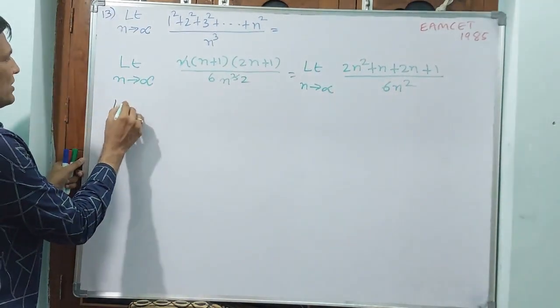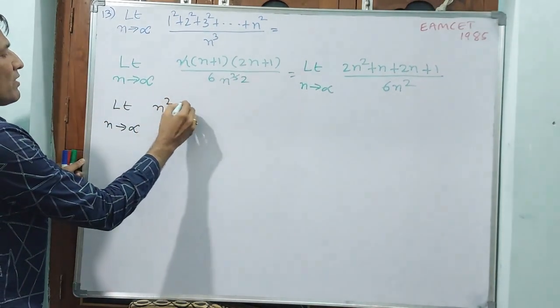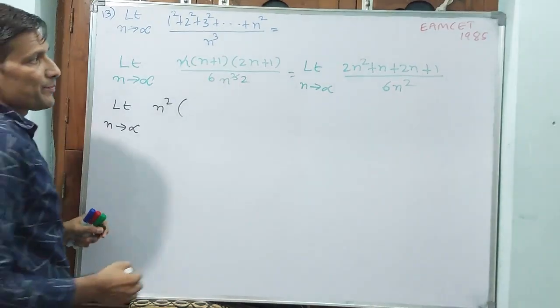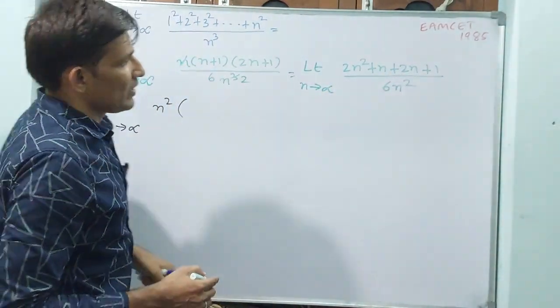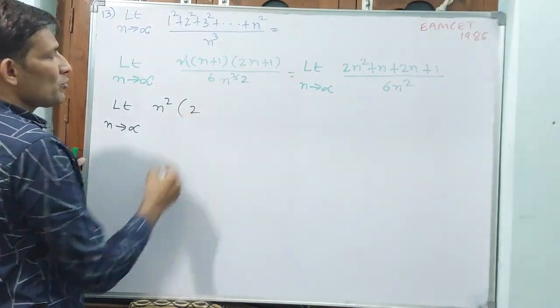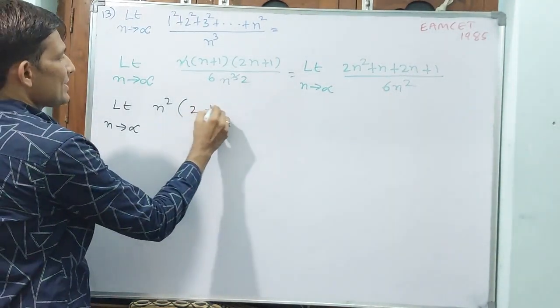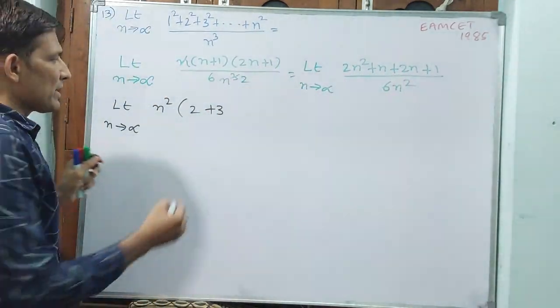Then let us proceed. Limit n tends to infinity, if I take n square common from the numerator, you see 2n square plus n, that is 3n. Don't forget that it is 3n. Taking n square common, it becomes 2 plus 3 by n.